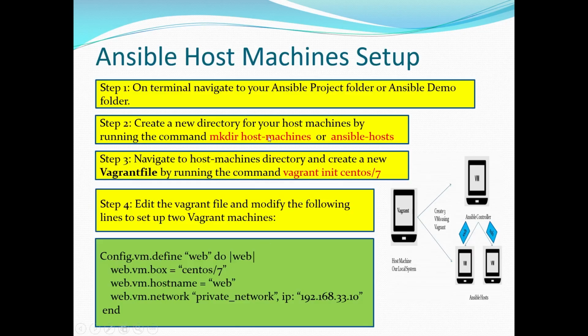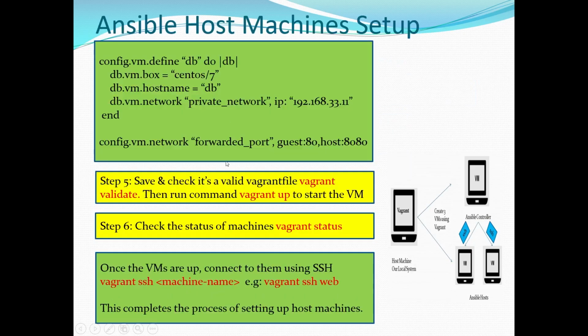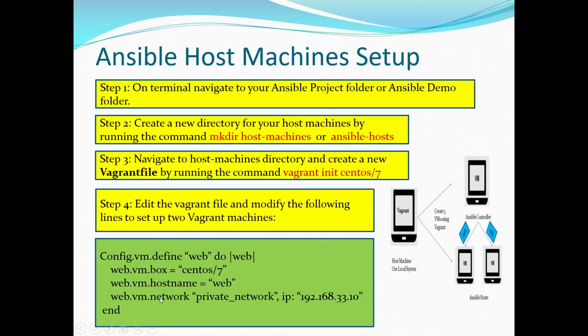You have to create it using the command mkdir ansible-hosts. After that, we'll be creating two more VMs. One will be the web server and one will be the DB server.